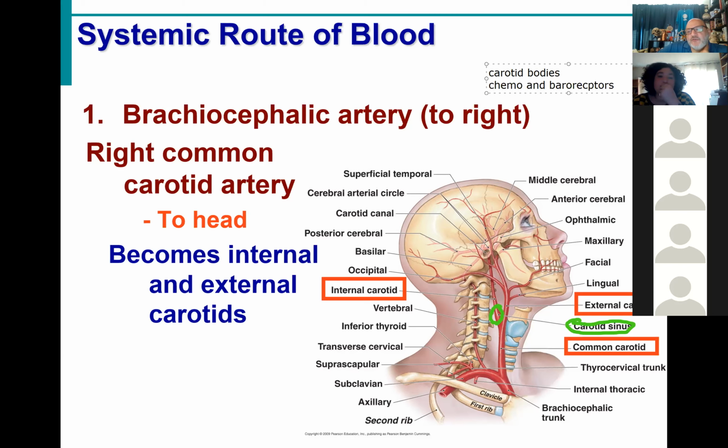Do you think it's useful to be aware of the pressure and the chemical composition of the blood going to your brain? Yes. Yeah, absolutely. This is one of the major locations where we are monitoring the condition of the blood so that we can make changes based on temperature, pH, glucose levels, sodium levels, all those kind of things, and even pressure, where we can monitor the condition of that.